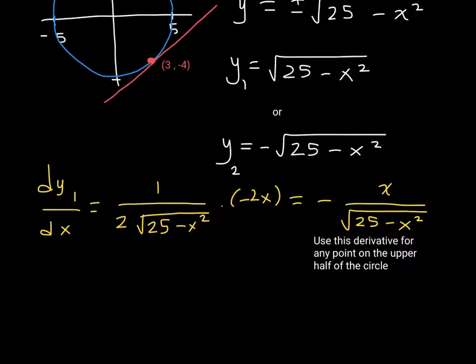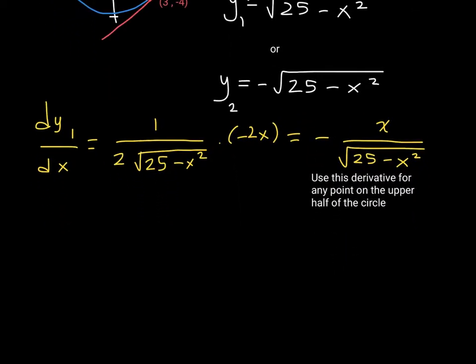Now, let's say we want the derivative now for a point on the lower half of our circle, which is exactly what we're looking for in this example. So dy sub 2, that's all I mean by that, I want to find the derivative of this function here with respect to x.